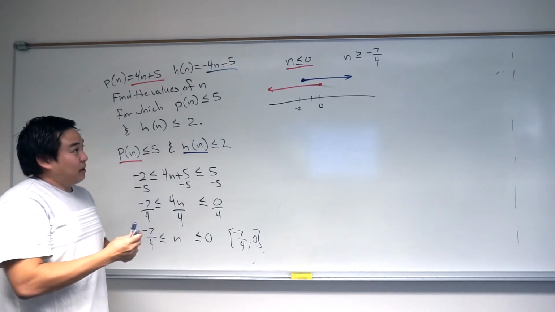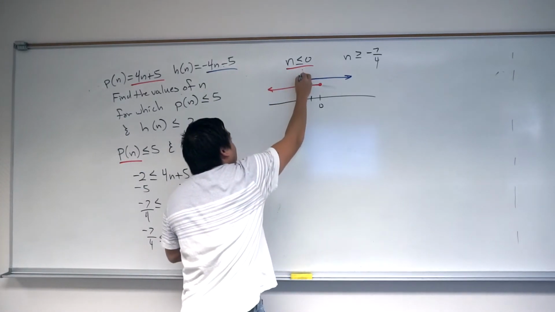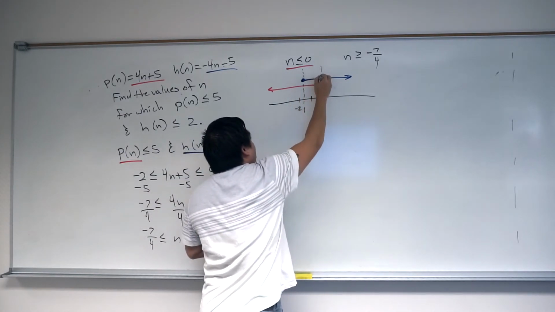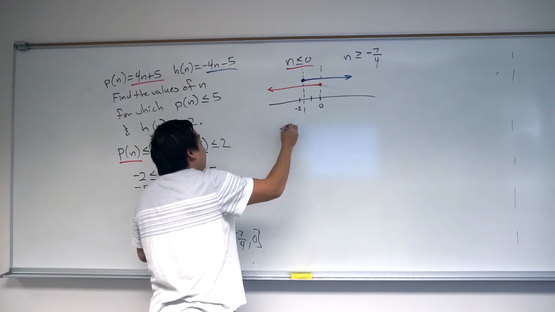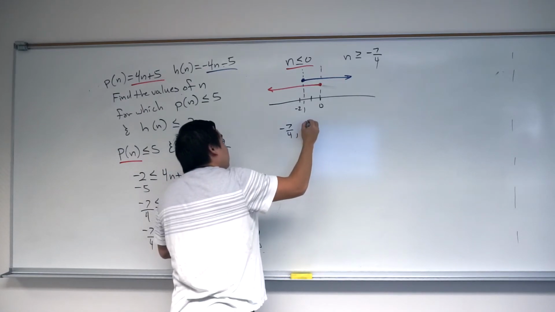Okay, we see that they have the AND property here, which again is from -7/4 to 0.